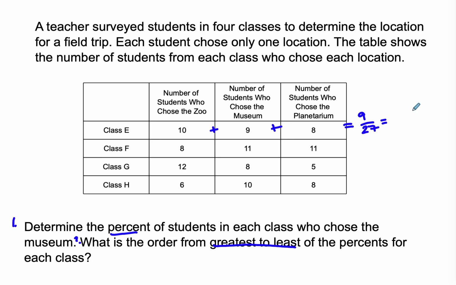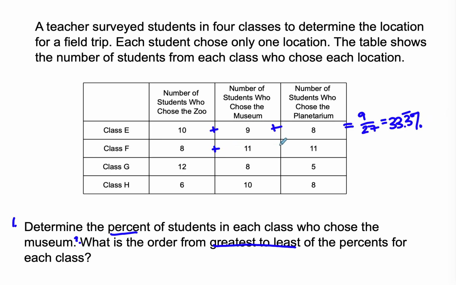So if I want to do percents, and I'm taking a fraction and I'm making it into a percent, and we can use calculators for this if we knew to. We do 9 divided by 27. That's what that fraction bar means. We get 33 hundredths repeating as a decimal, which is 33 and 3/10 repeating percent.